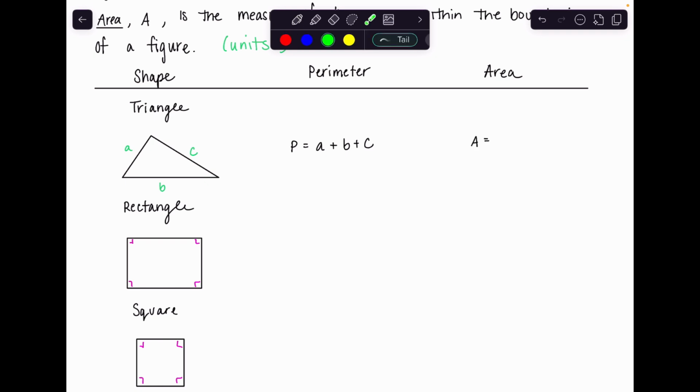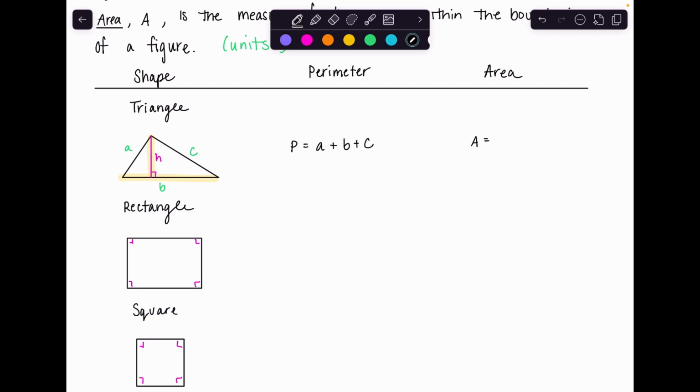So what I actually need is a right angle somewhere within here. So if I have a right triangle, it's fantastic. However, you typically don't have a right triangle. So what you'll need is another key component that forms a right angle with one of the sides. So this is what we like to call the height. These two key pieces of information that form the right angle are what you use to find the area.